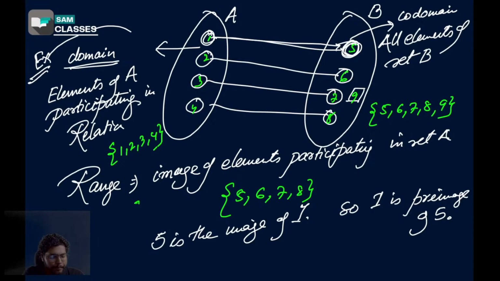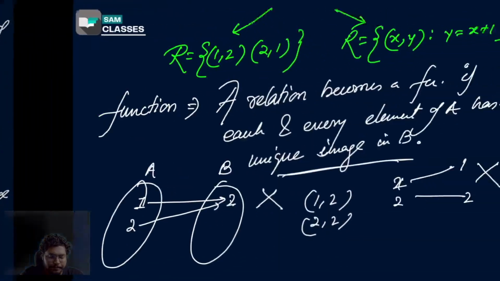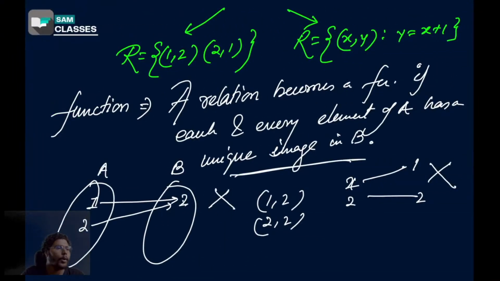No, okay, good. So let's start with the next part. What is a function? Till now, first we learned the Cartesian product. After that, we learned that a subset of the Cartesian product is called a relation. Now we come to what a function is.